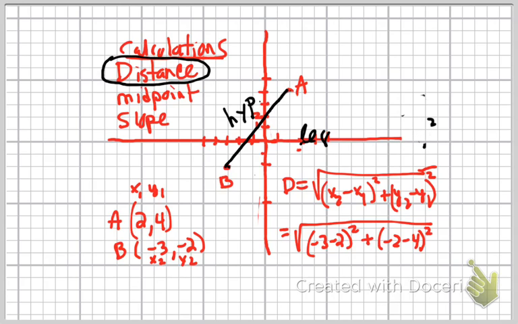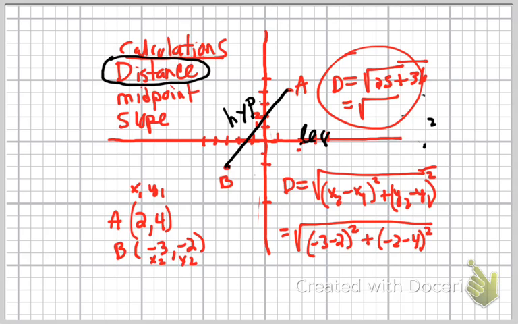If you keep crunching that out, you're basically going to get that the distance is the square root of what? Well, -3 minus 2 is -5, and then squared is 25. So 25 plus, and then -2 minus 4 is -6, but squared is 36. So the distance is the square root of 25 plus 36, which is 61.